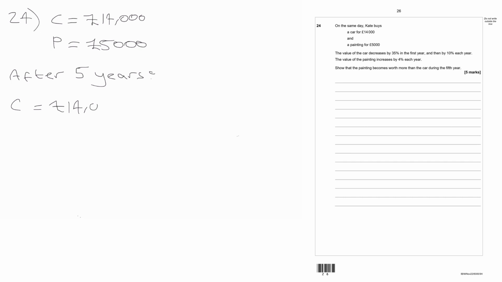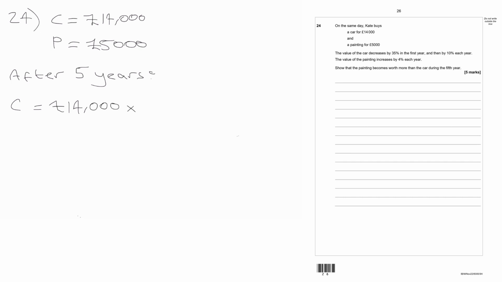So what we need to do here, let's just write out, we've got our car, which starts off at £14,000. We have our painting, which starts off at £5,000. And we want to know, what's the state of play after 5 years? So if we take the car first, we've got £14,000, and we're going to multiply this.